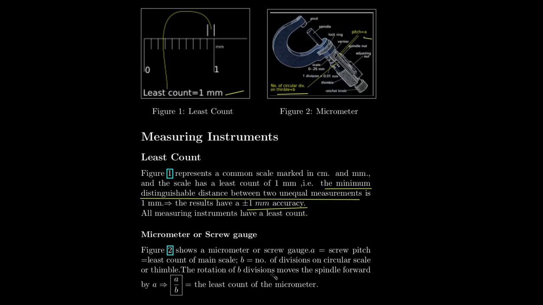The rotation of B divisions moves the spindle forward by A. This implies that A by B equal to the least count of the micrometer.